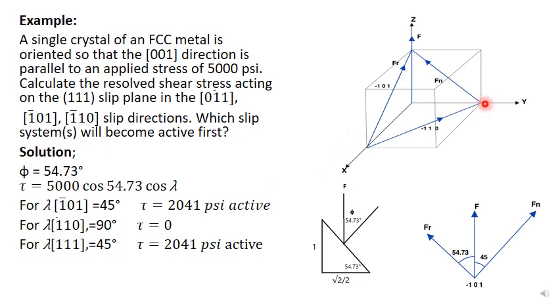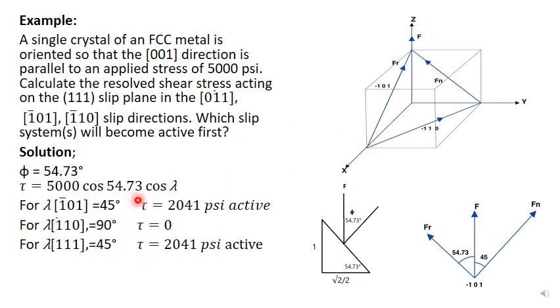And the last direction, oh, sorry, it's not that one. The last direction has to be 0, -1, 1, this direction. Because the angle is 45, the resolved shear stress is there.